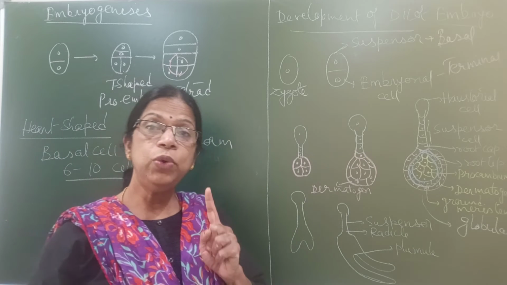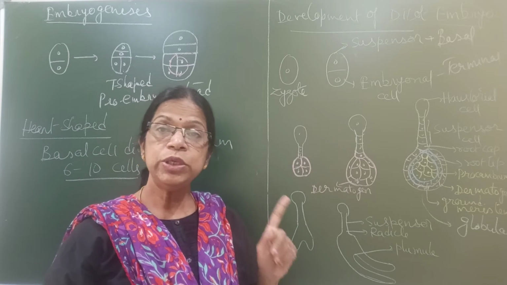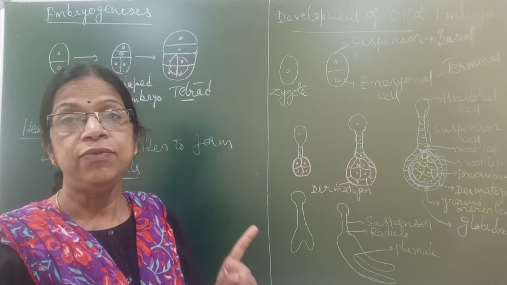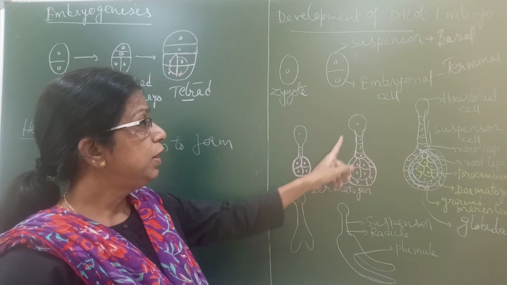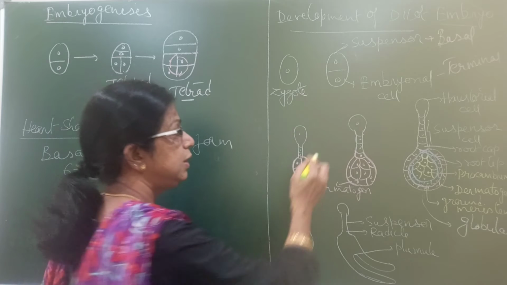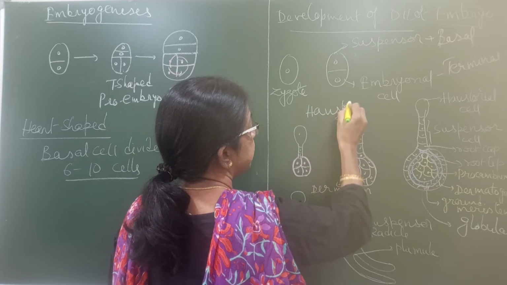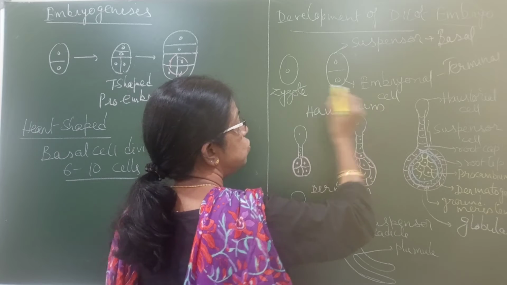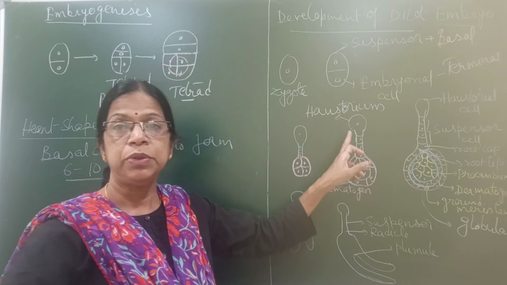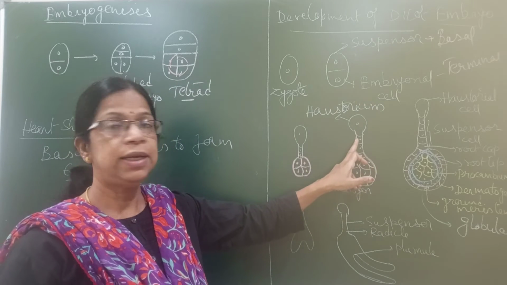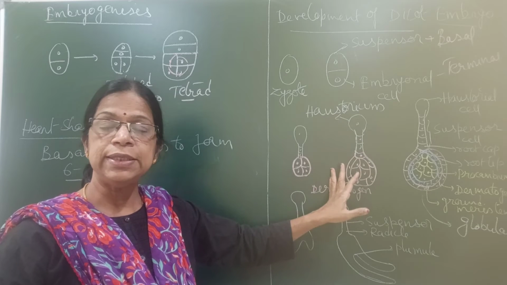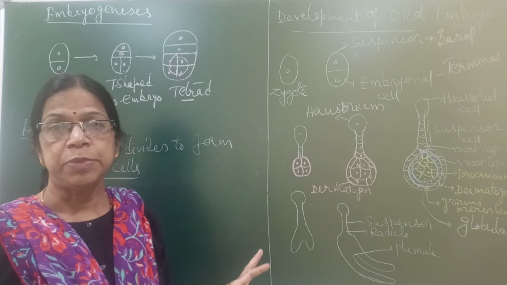Out of these, only one cell, the one at the top, will differentiate to form the tip. This cell is called the haustorium. The remaining cells form the suspensor.